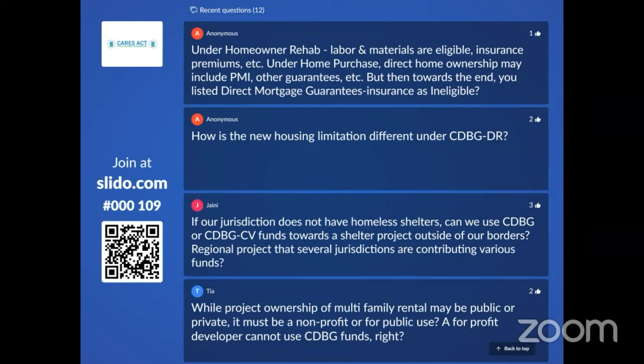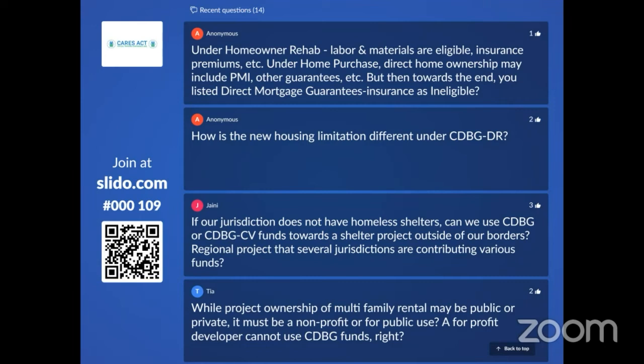Yes, there are things, direct homeownership does have PMI and other costs. There are some things you can pay, but a direct mortgage guarantee is different. Let me see if I can explain it well. The person went to Chase Bank to get a mortgage, and Chase says, well, we're not going to give you this loan unless HUD guarantees it.